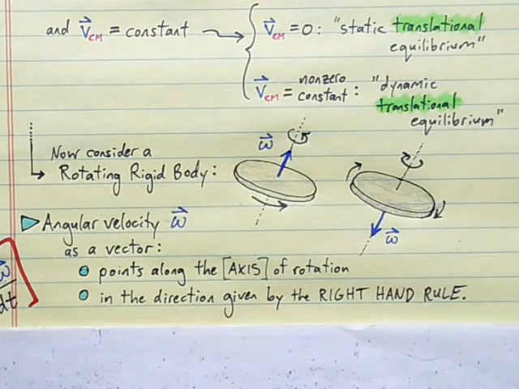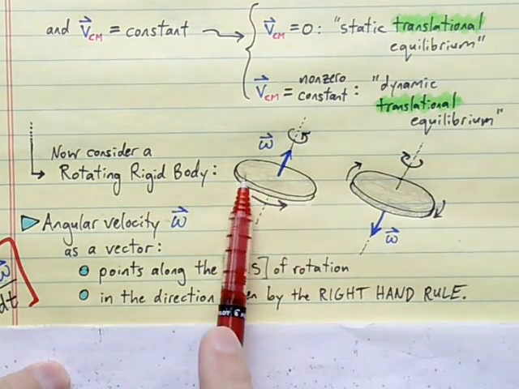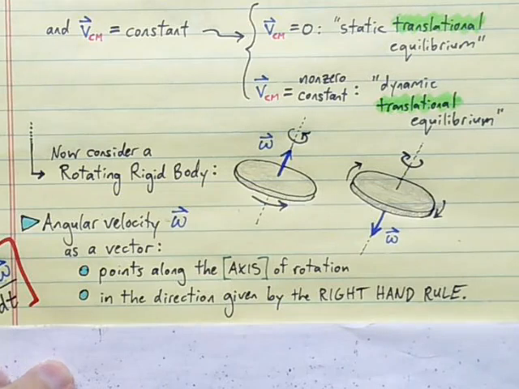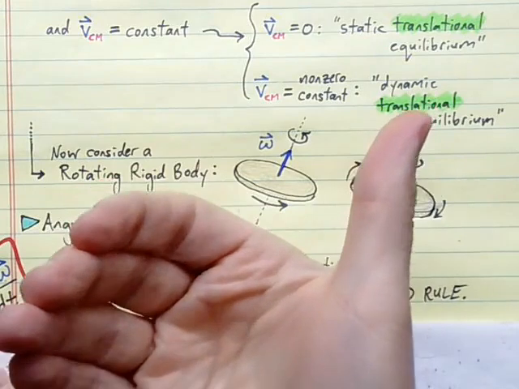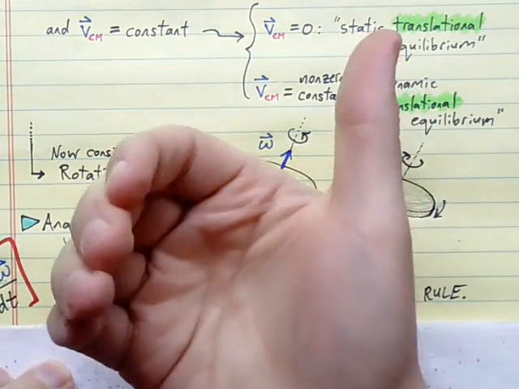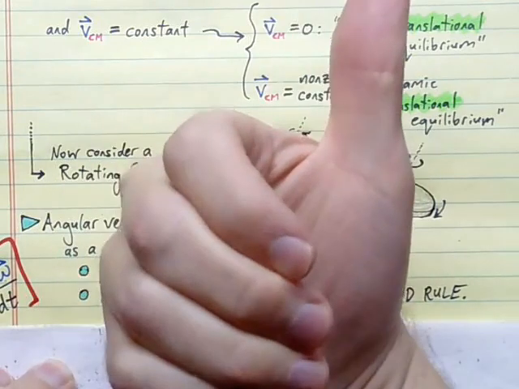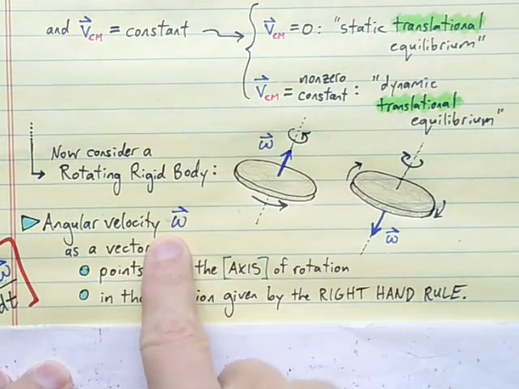Let me explain what I mean by that. Here we see this disk spinning in this direction around the axis. If you imagine grabbing onto the axis with your right hand in such a way that your fingers curl in the direction of the rotation, then your thumb will point in the direction of the angular velocity vector.